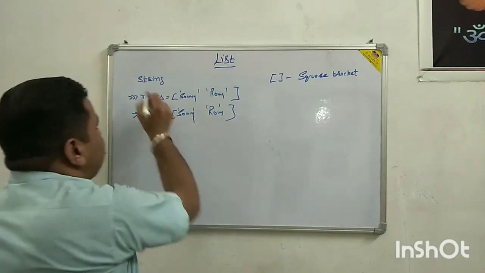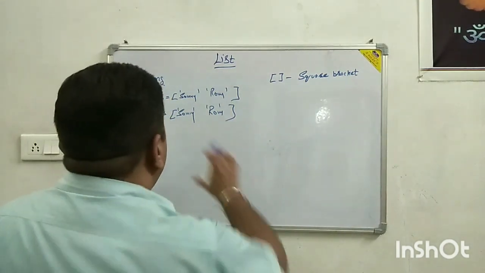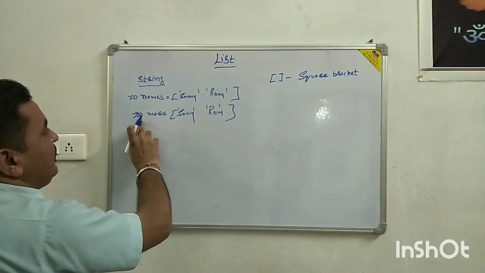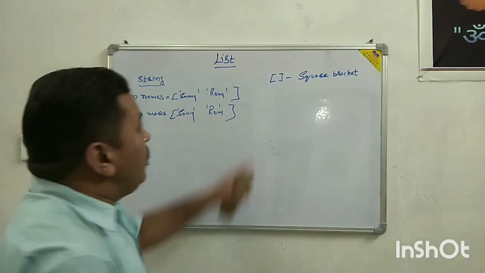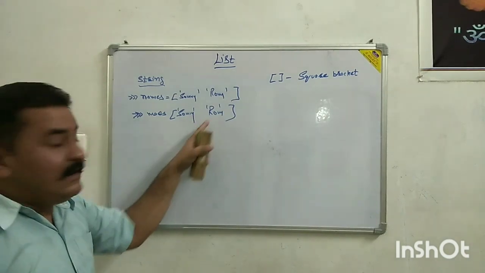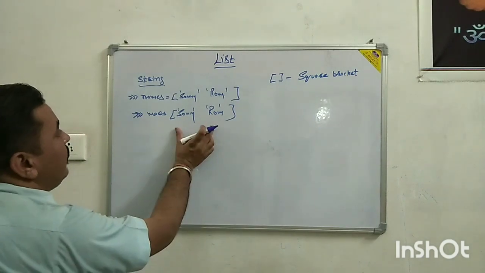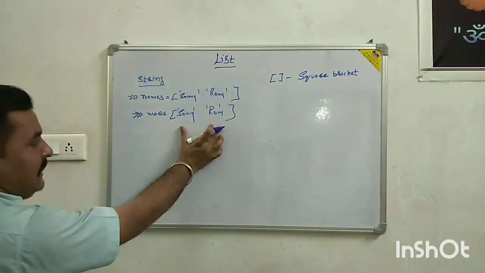So this is a string which we are using in Python. It will display the names Sunny and Ram. We can say that a string is a collection of alphabets or a collection of names.